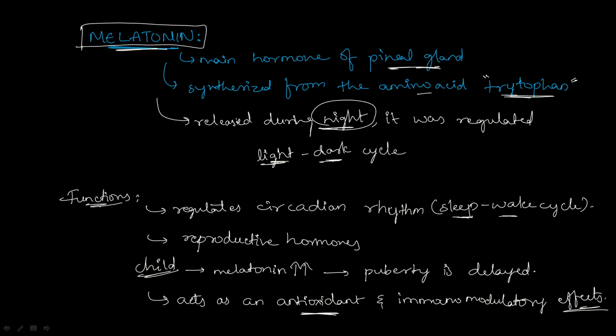The main function is to regulate the circadian rhythm, that is, the sleep-wake cycle. It also influences the reproductive hormones, and excess release of melatonin in childhood delays puberty. Melatonin can also act as an antioxidant and shows an immunomodulatory effect.